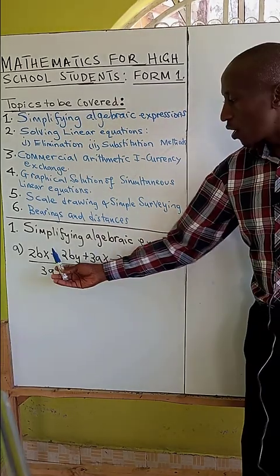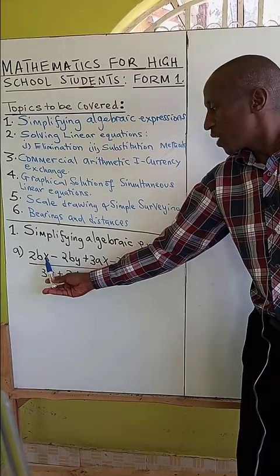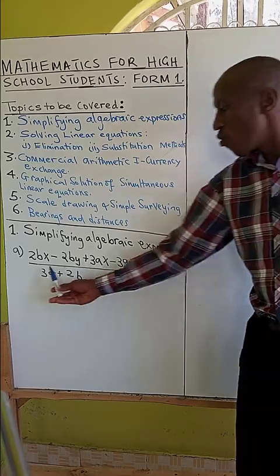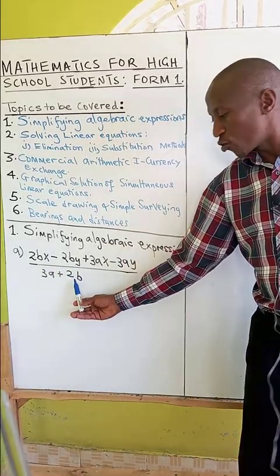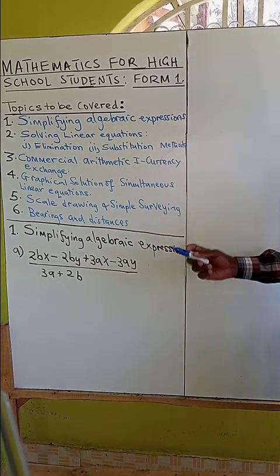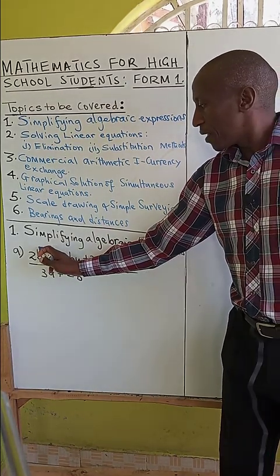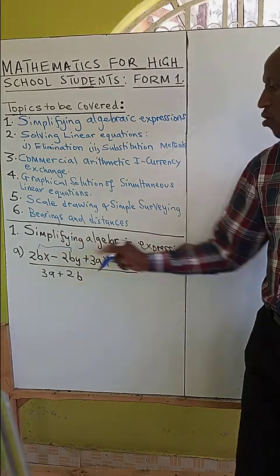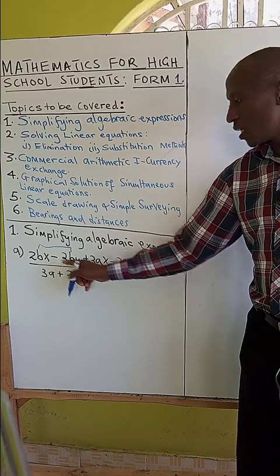Take for example the question: simplify the algebraic expression 2bx minus 2by plus 3ax minus 3ay, divide all that by 3a plus 2b. So what are the learners supposed to do? We are supposed to group these two and look for the common terms in them.